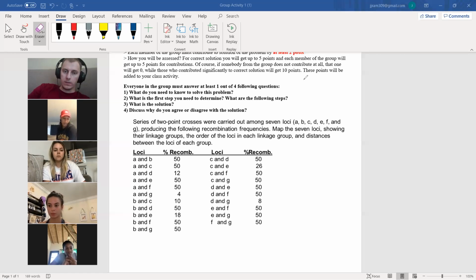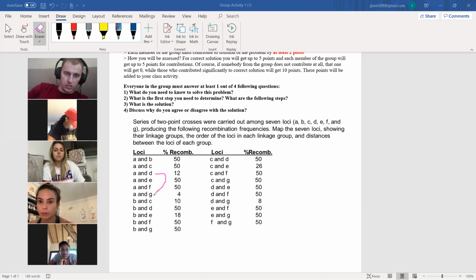The order can be found, for part 3, by identifying which groups are linked. If you look at the screen here, I see that A and D have a linkage at 12% recombination. A and G also have a link. Let me draw that in.